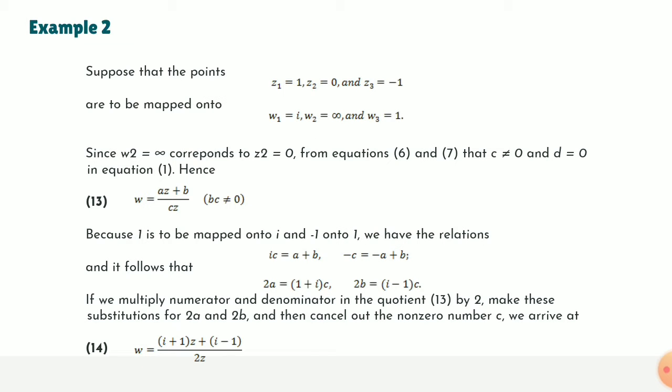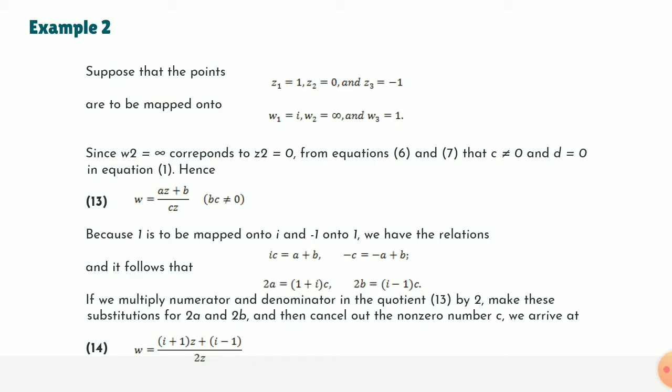Example 2. Suppose that the points z1 equals 1, z2 equals 0, and z3 equals -1 are to be mapped onto w1 equals i, w2 equals infinity, and w3 equals 1.